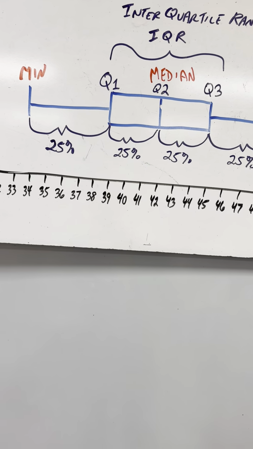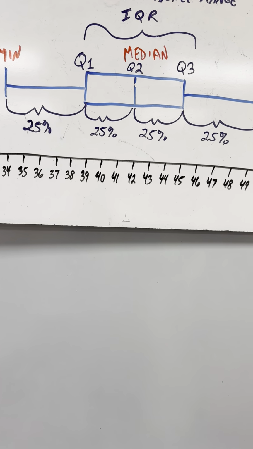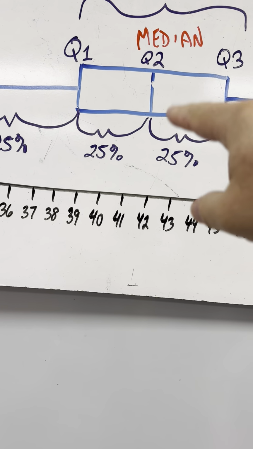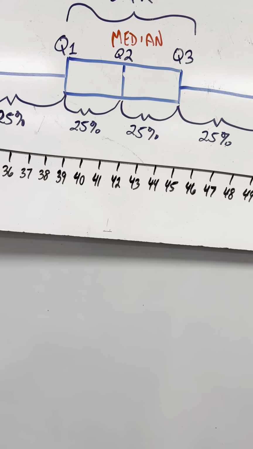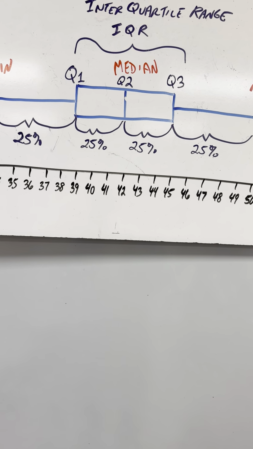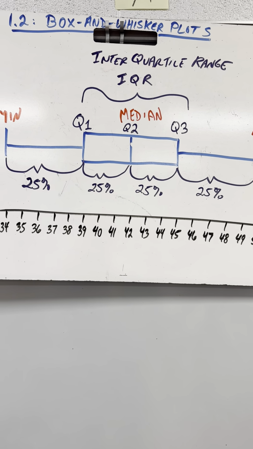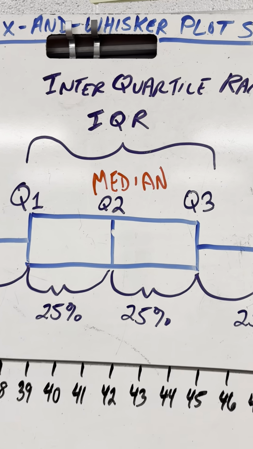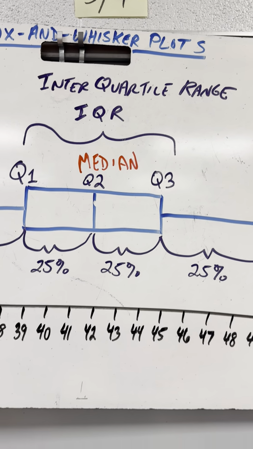It's just where the numbers happen to fall. This middle segment here is called the median. It's the number exactly in the middle of the data. And this box here is called the interquartile range, or the IQR.